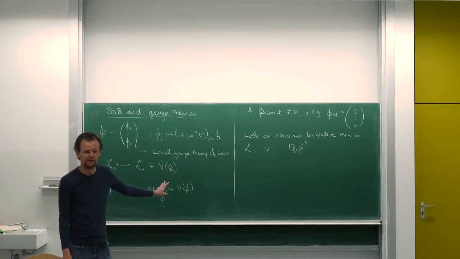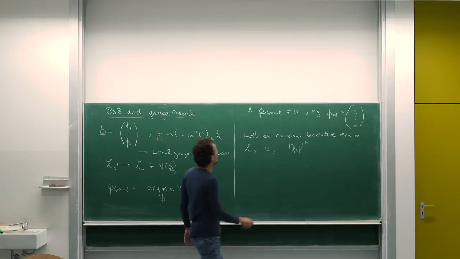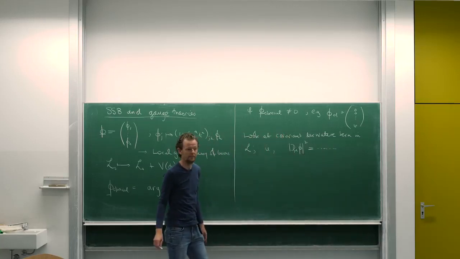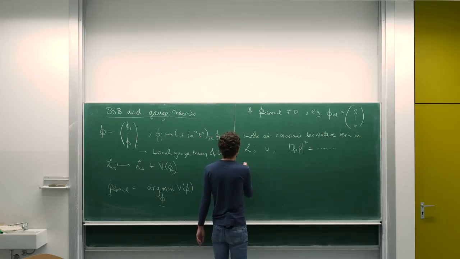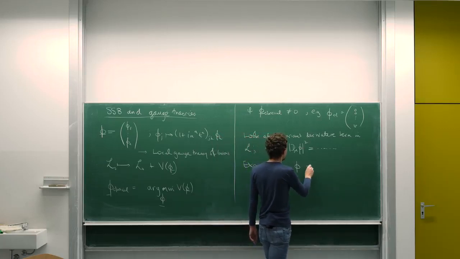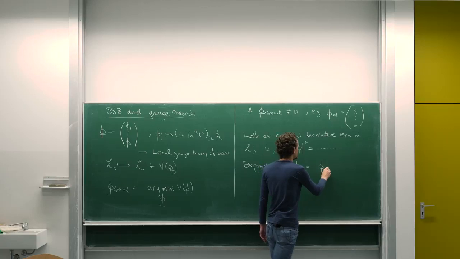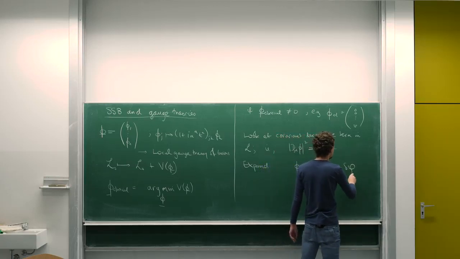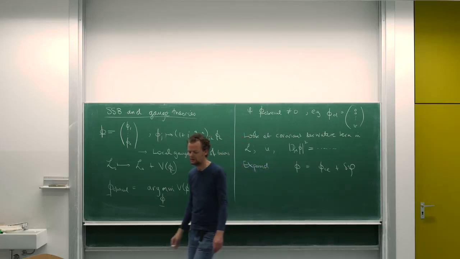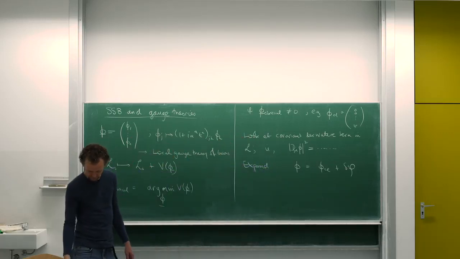So that's the first stage of generating mass. And so this is some complicated expression. When you expand this long complicated expression in terms of phi equaling some phi classically plus some fluctuation field, I guess I won't use that notation.